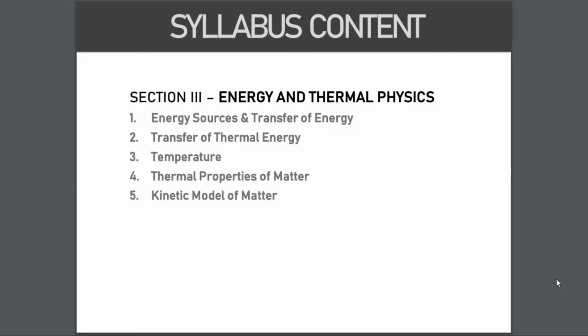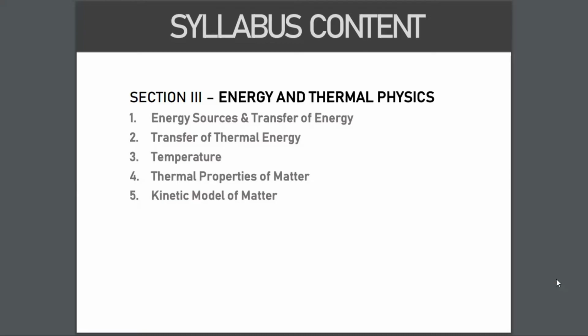The topics are energy sources, transfer of energy, transfer of thermal energy, temperature, thermal properties of matter, and kinetic model of matter. In this section, we study all the different types of energies, and the different theories and laws related to heat changes and thermal physics.